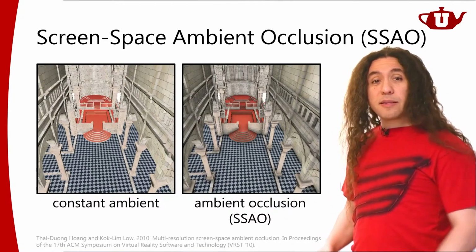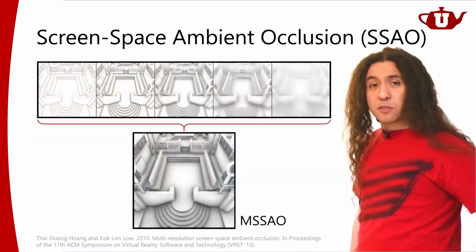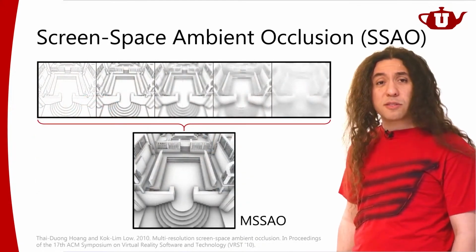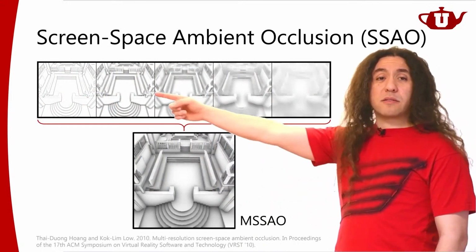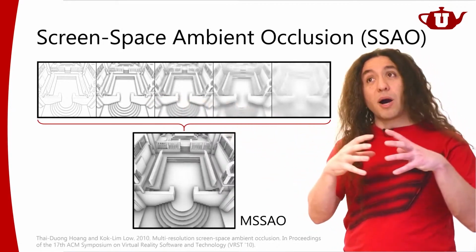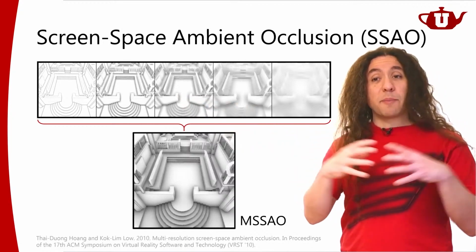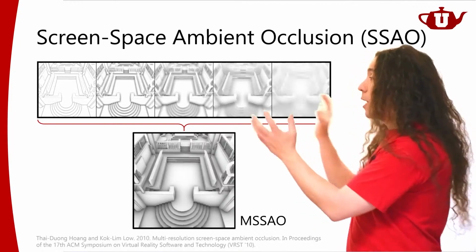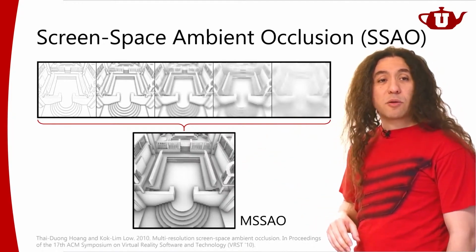Now, this particular example is taken from this paper that's doing multi-resolution screen space ambient occlusion. So it's computing the ambient occlusion in multiple resolutions. This way you could combine results with different ambient occlusion radius, and you combine them all together and you get a nice approximation of ambient occlusion this way.